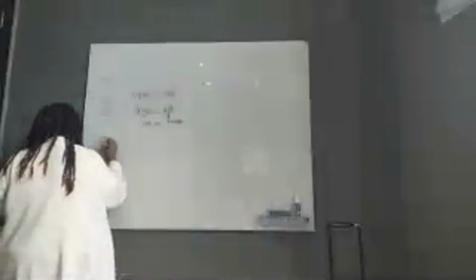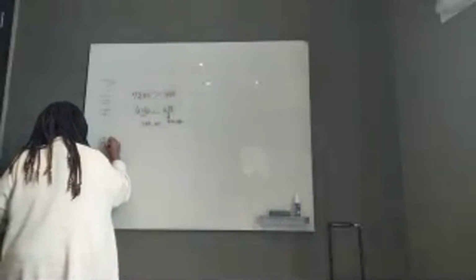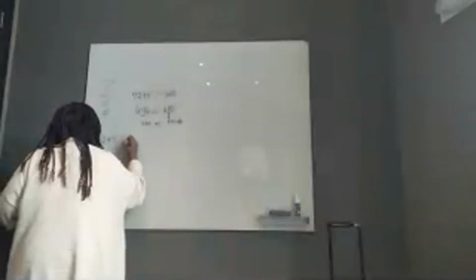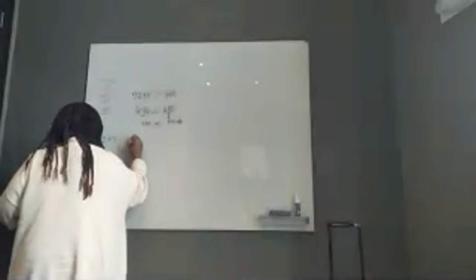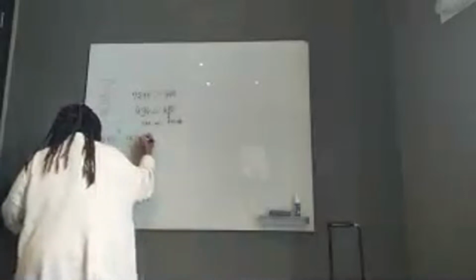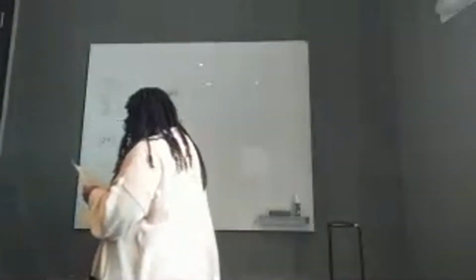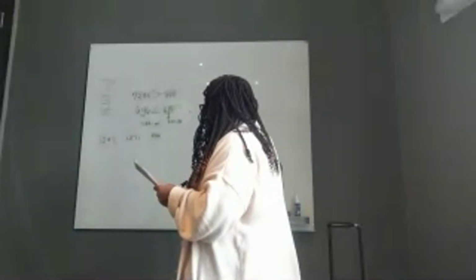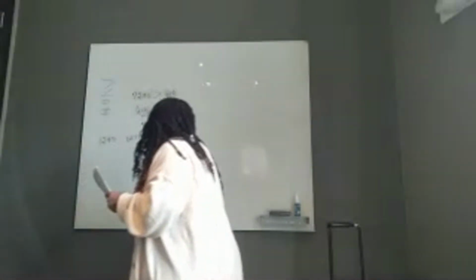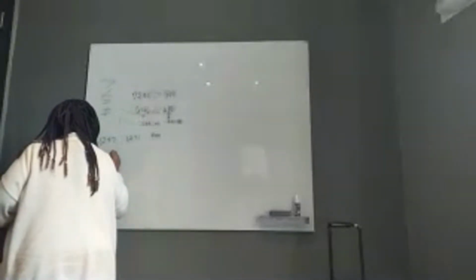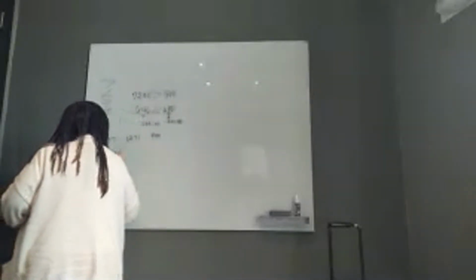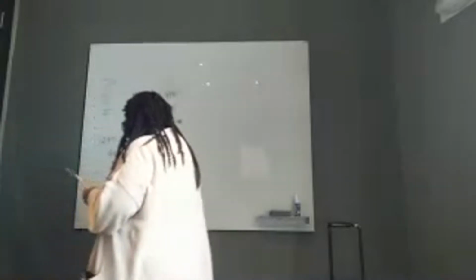Okay, so let's look at this. We have 1,247. And we have 1,271. And we have 990. So we need to put this from least to greatest. So what would be the least number we need to put first? 990. Okay, so we need to do 990 first. And then what would be the next one?